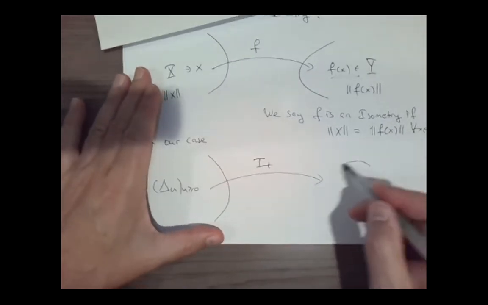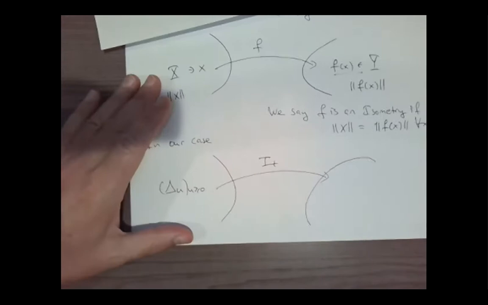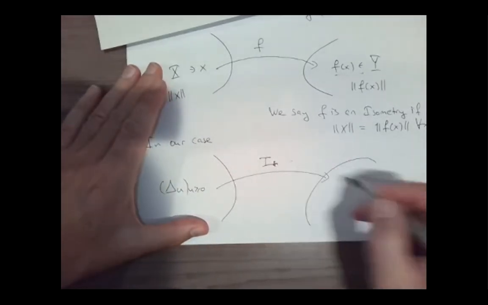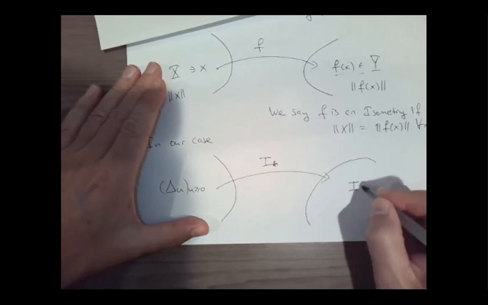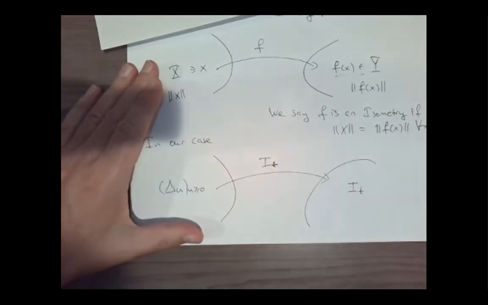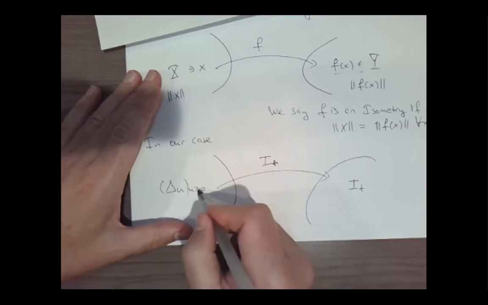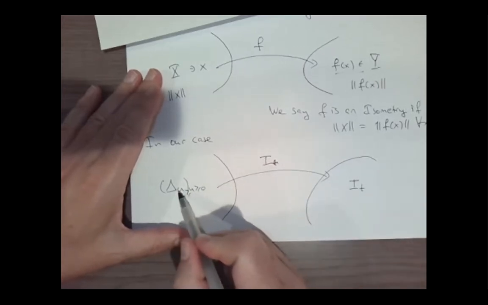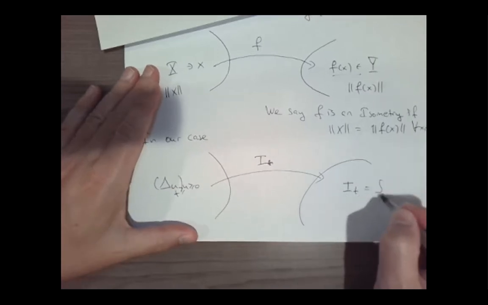And so what comes out over here is this integral. We just call it I. What comes out over here is this IT. So here I'm looking at the integrand, and here I'm looking at the Ito integral.